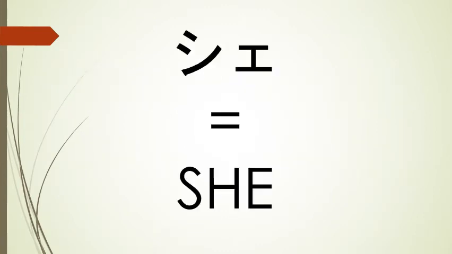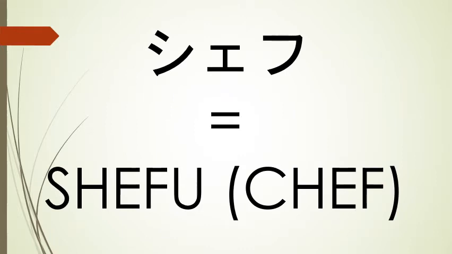So, first, if we take shi and combine it with a small a, we can get the sound she. So one more time, that is she. For example, if we combine shi, a small a, and hu, we get shefu, which means chef.